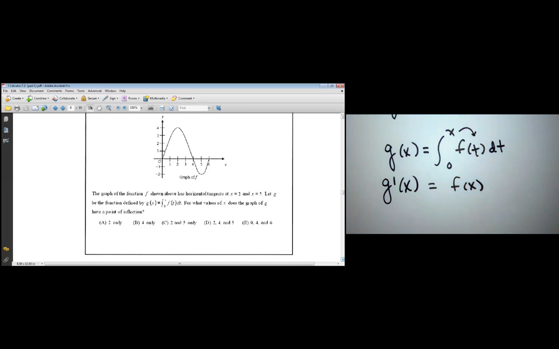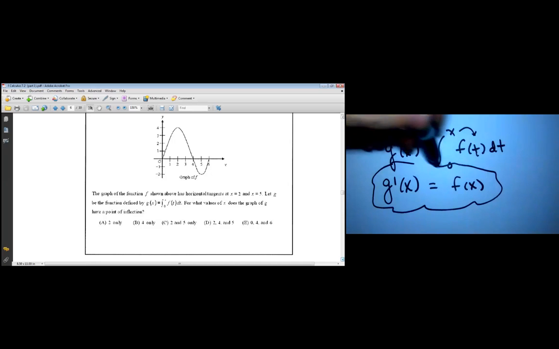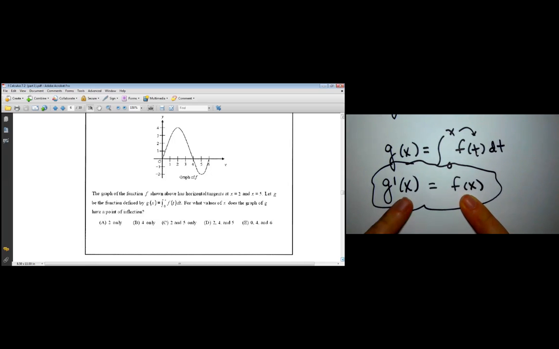And all of a sudden, I have that g prime is equal to, also known as the same as, f. What graph am I looking at? The f of x graph, also known as the graph of the derivative, g prime's graph, right?